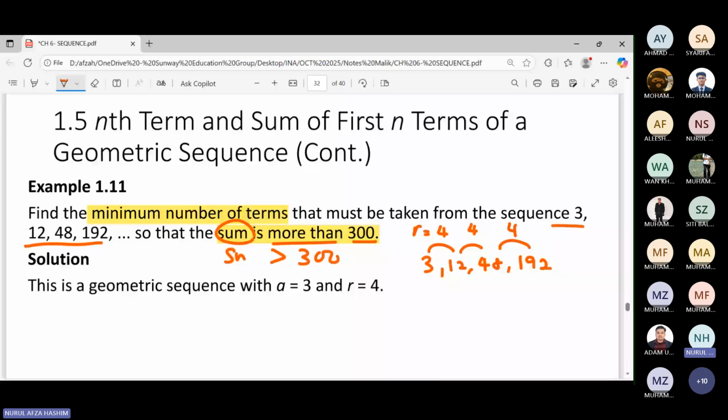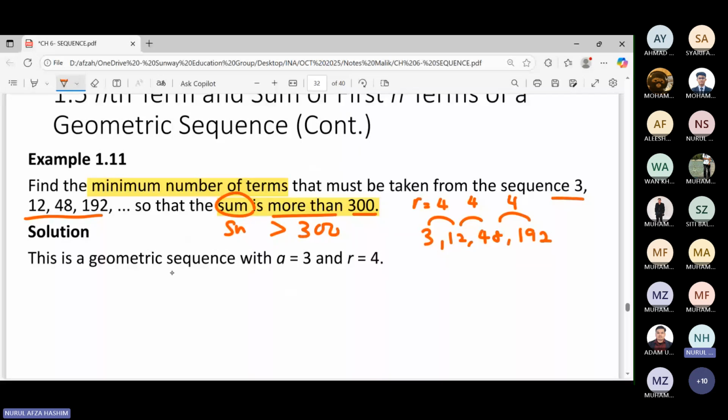Okay, Sn for geometric should be A, R power of n minus 1, divided by R minus 1, is larger than 300.